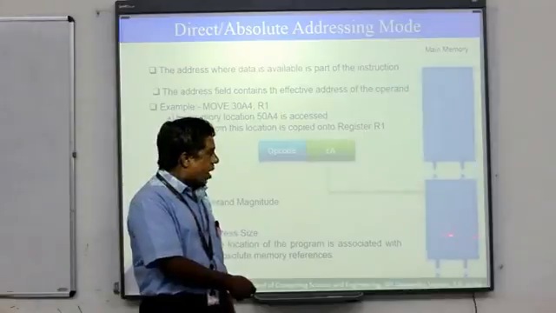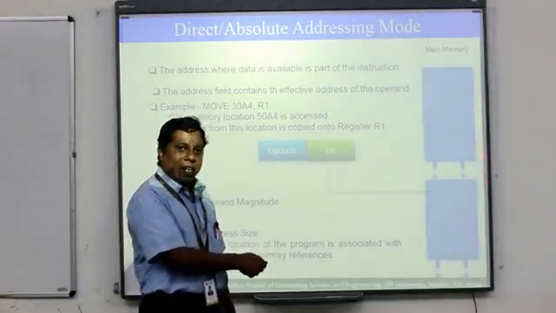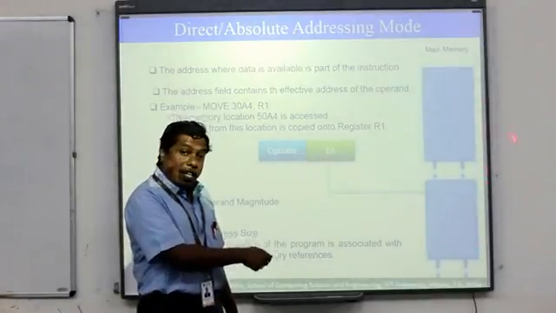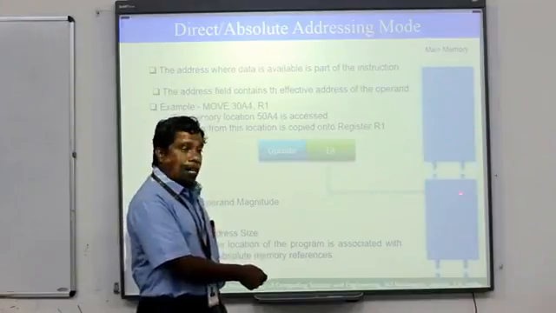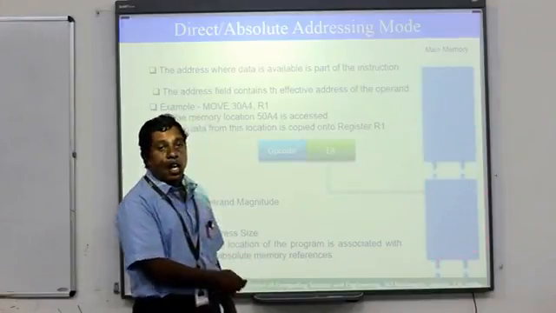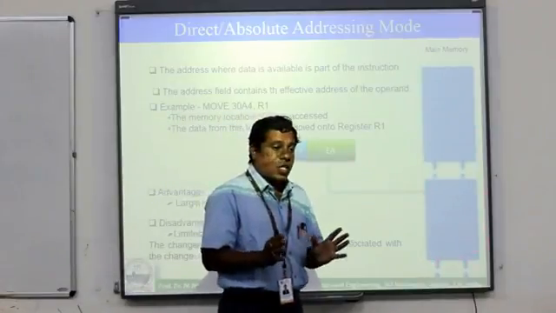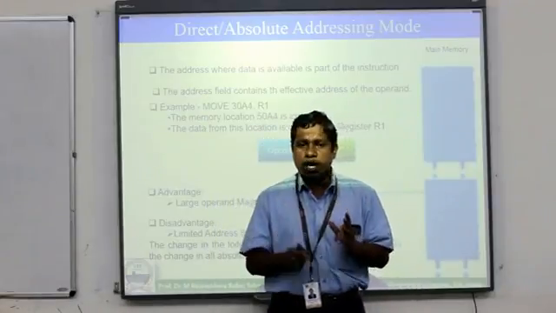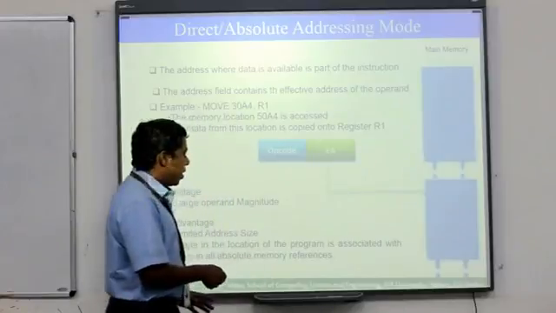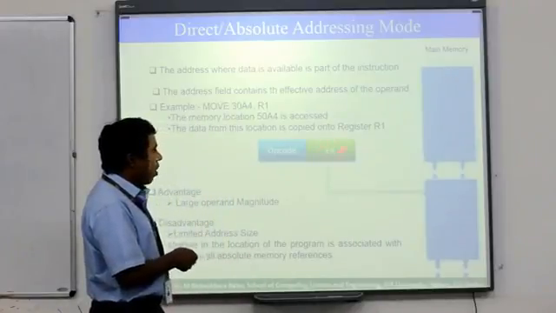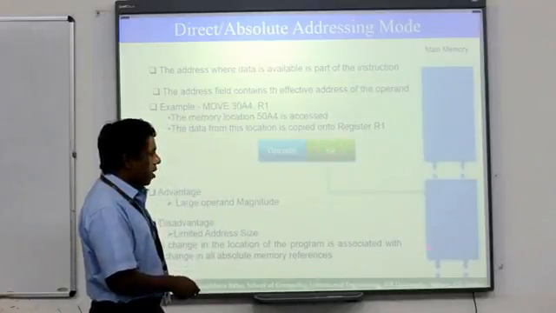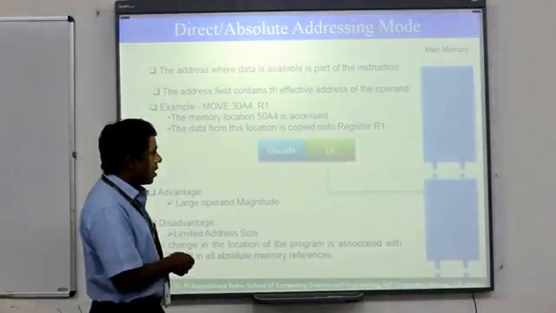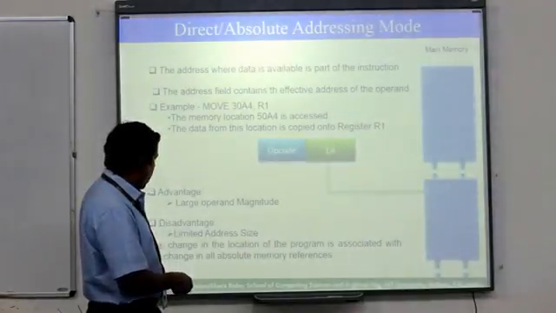First we would have to store an 8-bit address, and at that memory location there would be the effective 16-bit address. That is a disadvantage of the direct addressing mode, because we can't fit an address larger than the field size.